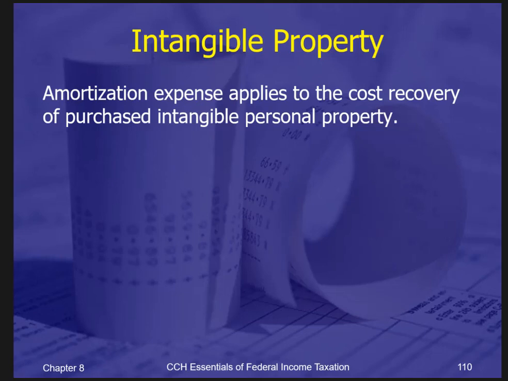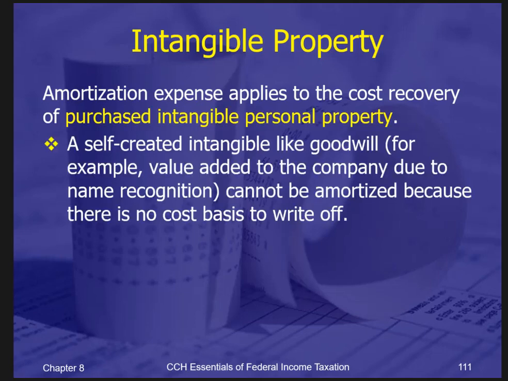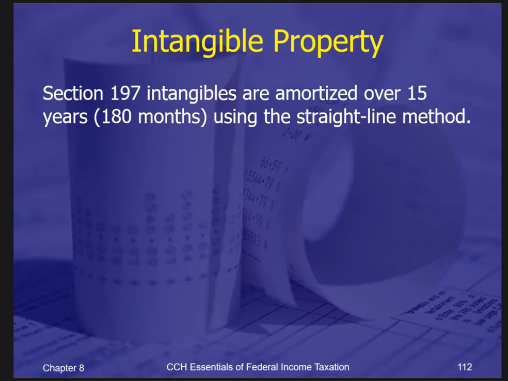Intangible property, things like patents and other intangible assets, not something that we physically can touch. If you create them as a business, you don't write them off. They'll become depreciated until someone else buys them. Okay?